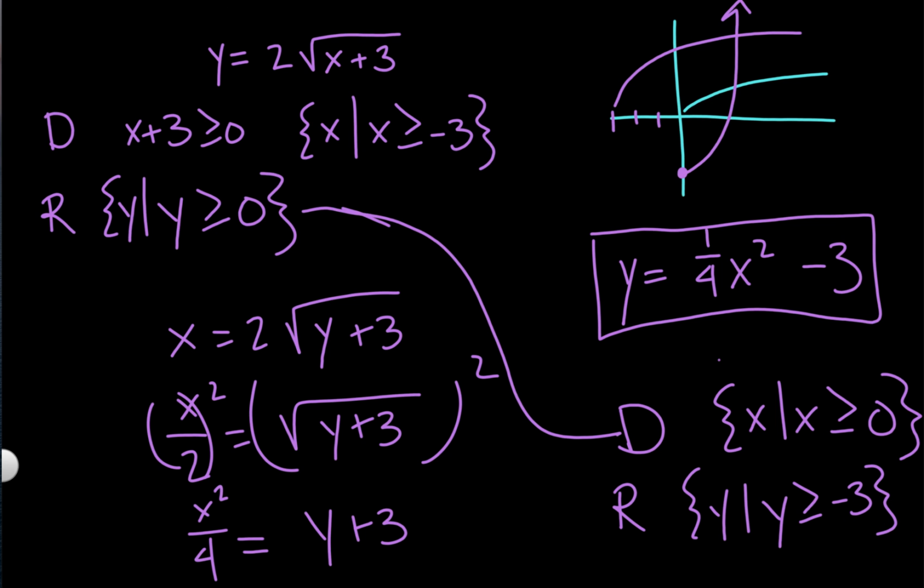Now, one of the characteristics of inverses is that the composition of an inverse and its function should take you back to the original input. Now, what that means is if I take f of x is equal to 2x minus 3, I'm going to switch my x and my y.